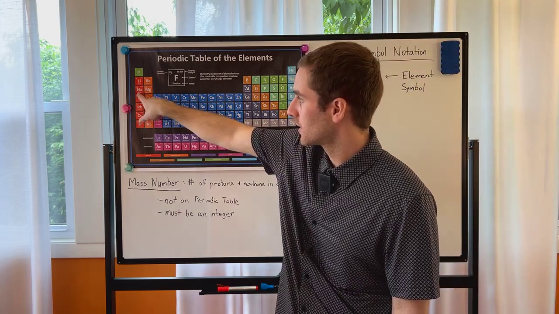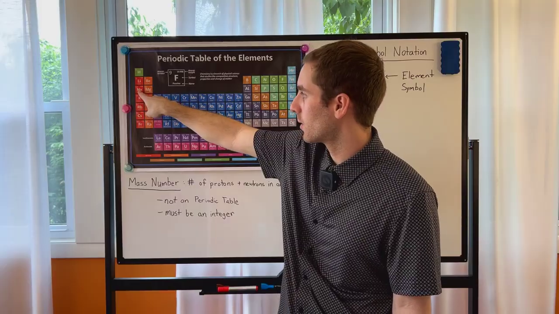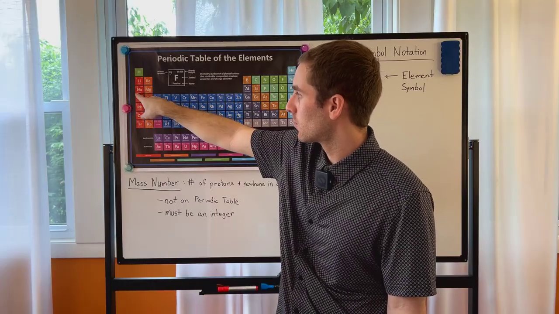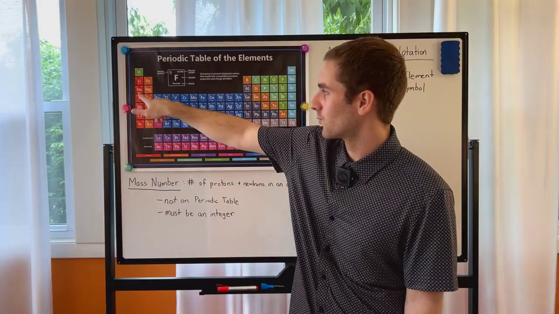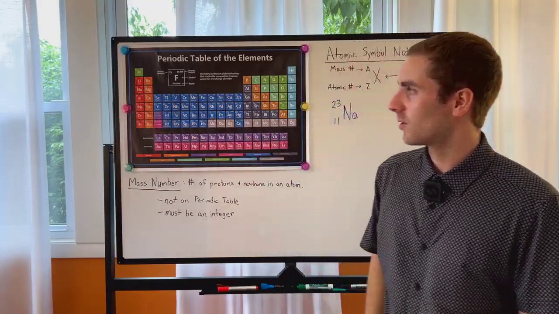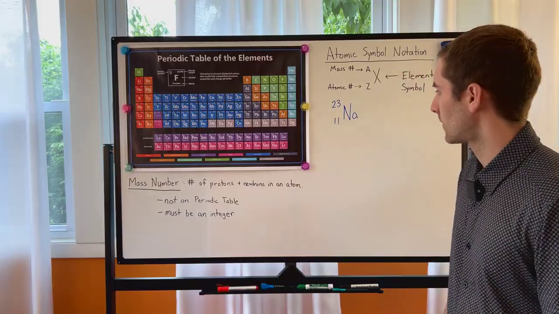That is sodium. Most periodic tables will write both the symbol and the full name. You probably cannot see the full name. It is written on this periodic table, but it's probably too small for you to see. But go ahead, pull out a periodic table of your own to follow along.